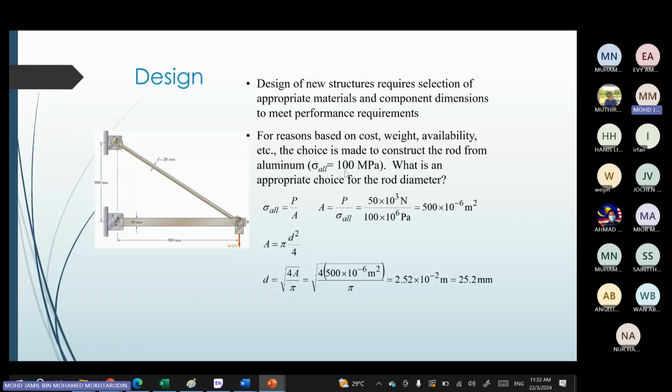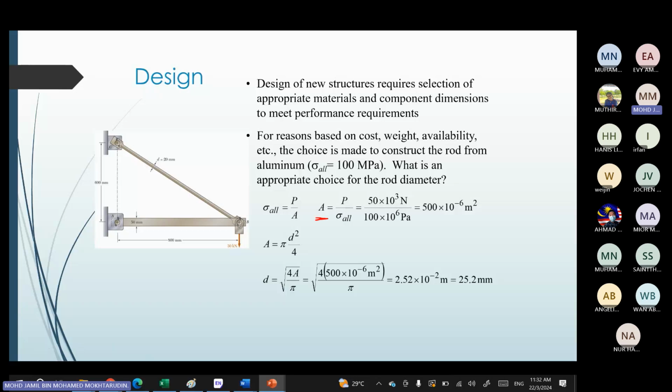You need to redesign the structure by changing the area, changing the diameter of the rod. So the calculation is the other way around. Instead of finding stress, now you are finding the area of the rod.